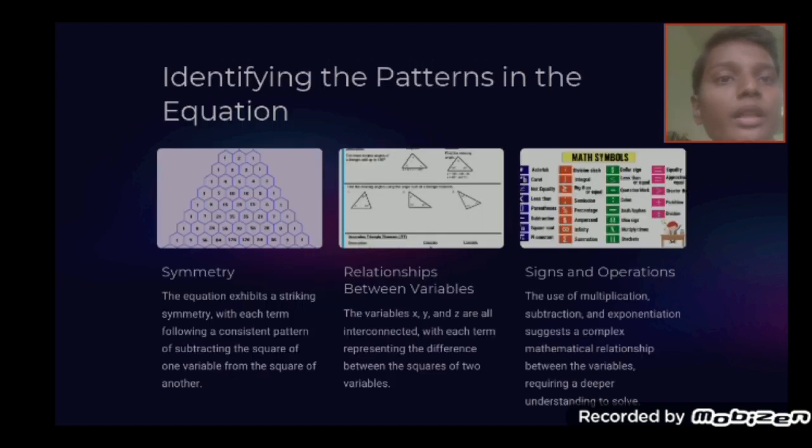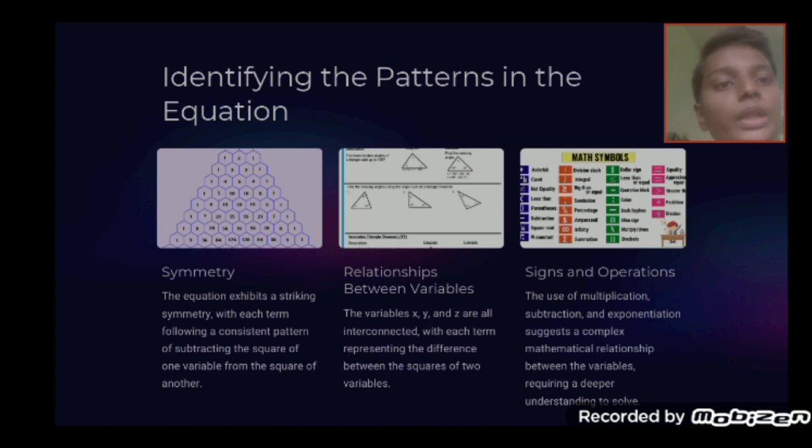Identifying the patterns in the equation. Symmetry: the equation exhibits a striking symmetry, with each term following a consistent pattern of subtracting the square of one variable from the square of another.